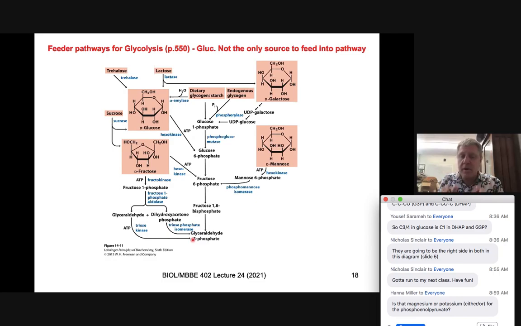So there are a number of alternative pathways by which we can bring sugars into our central metabolic pathway, more so in our preparative stage in forming the glyceraldehyde 3-phosphate, which will then feed into the payoff stage of making NADH and ATP molecules and releasing finally a 3-carbon moiety of pyruvate.